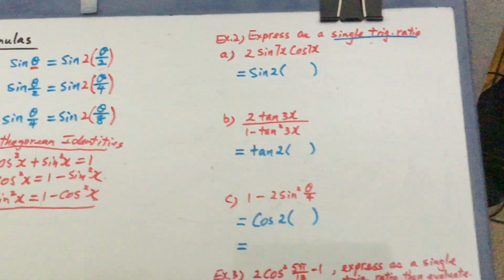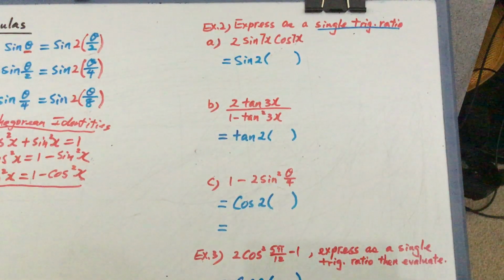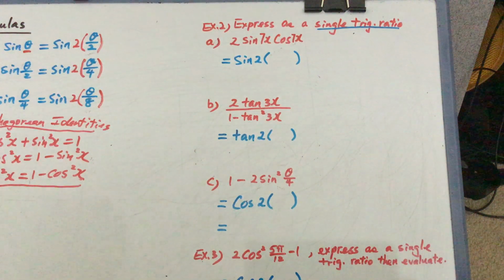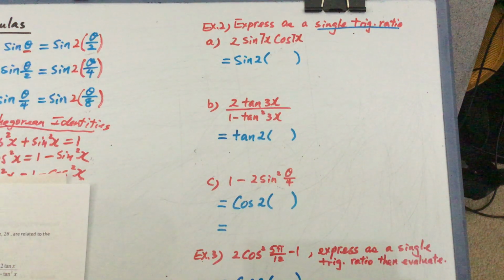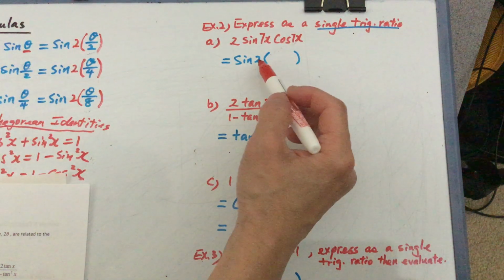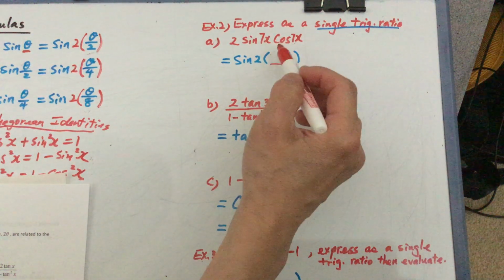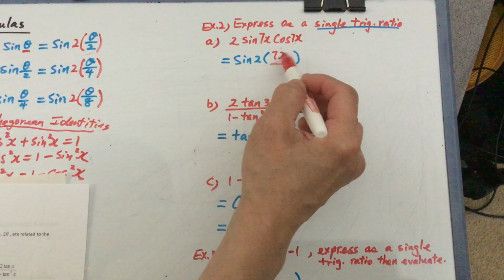Okay, if you have the worksheets with you, let's look at example number 2. We have 2 sine 7x times cos 7x. So if you know your double angles formula well enough, then you should know that this is going to be the double angle. The angle itself is going to be the 7x.